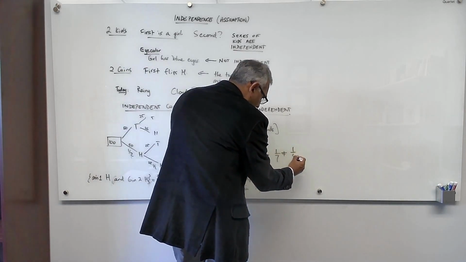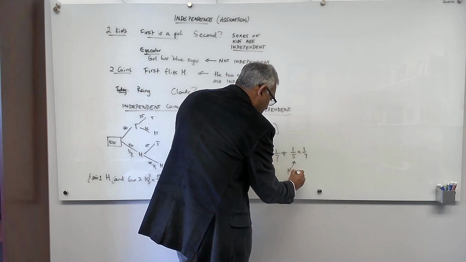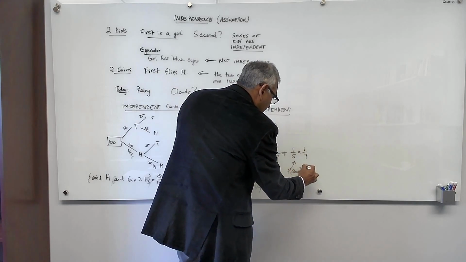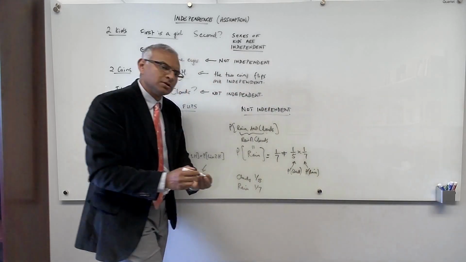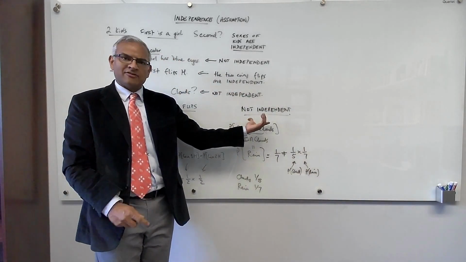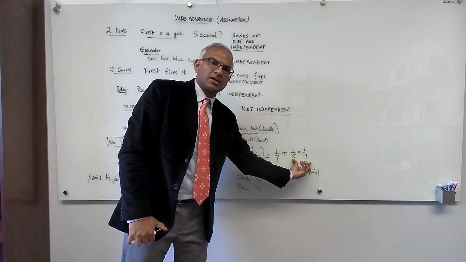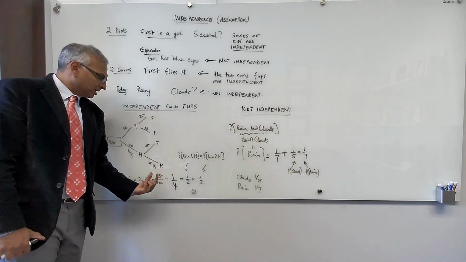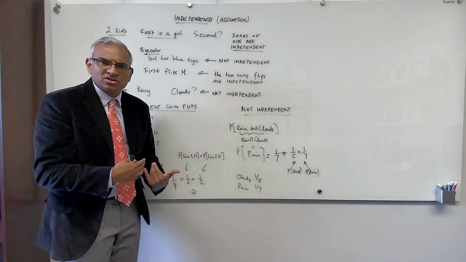It's not equal to 1/5 times 1/7. And so we see in this situation where you do not have independence, the probability of the AND is not the product. When you do have independence, the probability of the AND is the product. And that ultimately is the fundamental definition of independence.